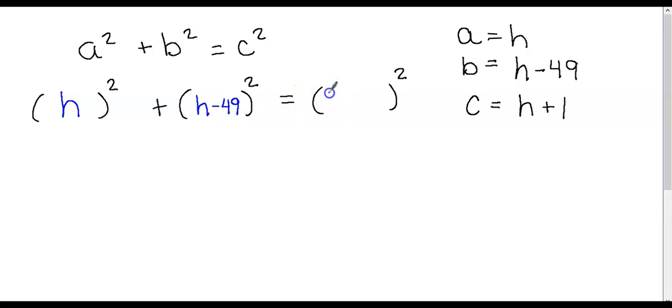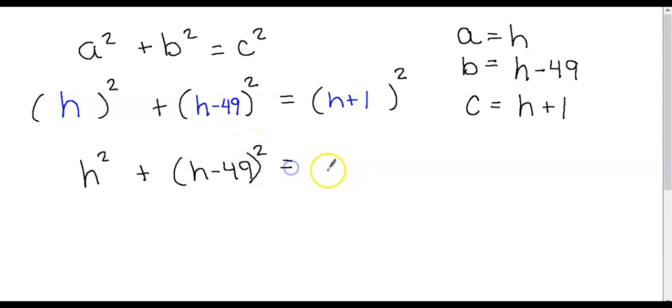And C was H plus 1. So the setup for this equation is H squared plus H minus 49, that quantity squared, equals H plus 1 quantity squared.